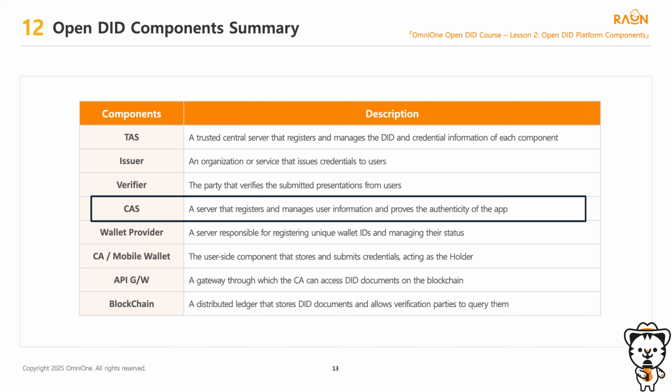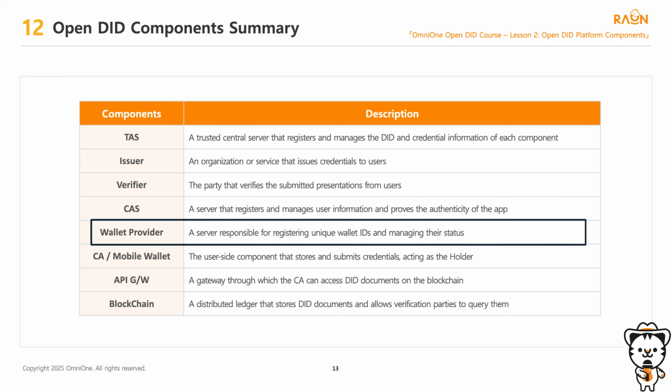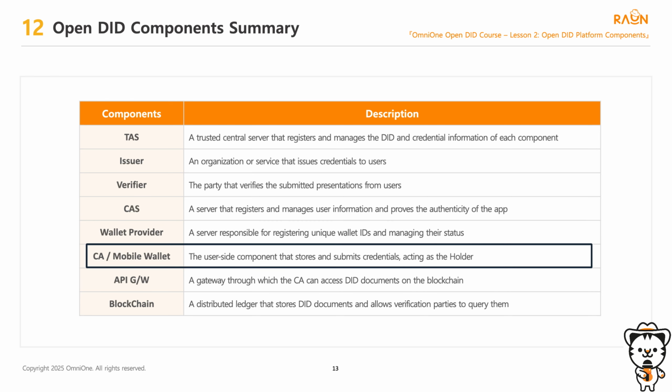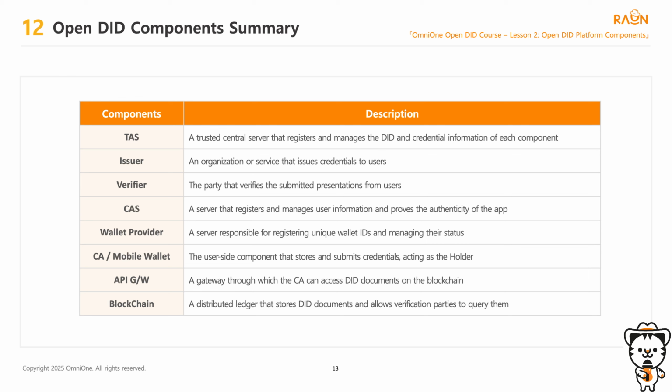CAS is the server that registers and manages user information and proves the authenticity of the app. The wallet provider is responsible for registering and managing each wallet's unique ID and status. The certified app and mobile wallet act as the holder, the user, who stores and submits credentials from the user's side.